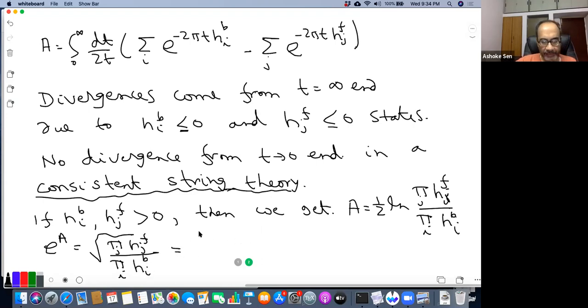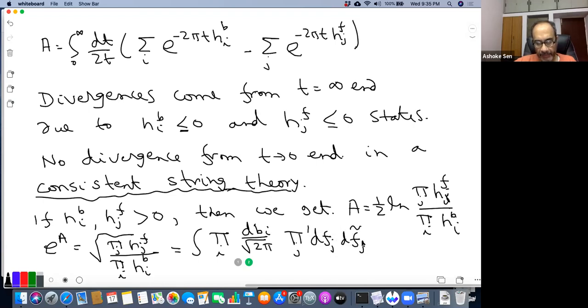So let me write this integral: product over I dBi over square root of 2 pi, product over J. Here I'm using the fact that the eigenvalues in the fermionic sector always come in pairs, so you can write this as pairs.